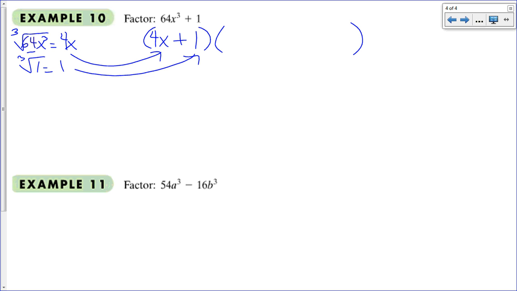Now what we're going to do next is take this term, the 4x, and we're going to square it, because that's what the formula tells us to do. However, you need to make sure that you square also the coefficient. The next part will be minus the product of 4x times 1, and then plus the second term squared.